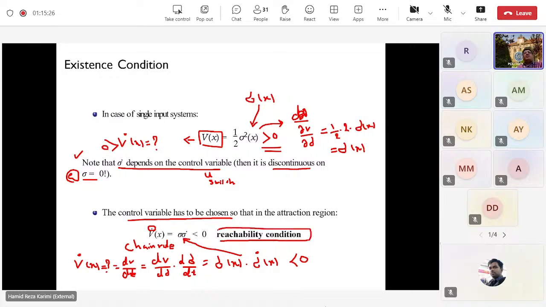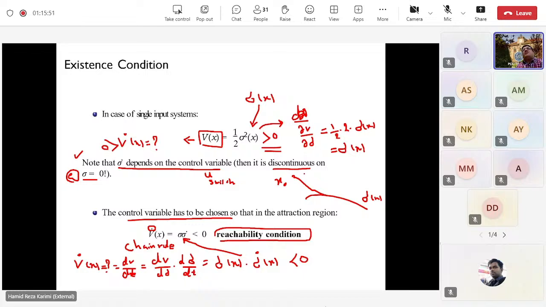So for the reachability condition, V dot(x) basically should be negative. And what does it mean? It means that your state trajectories from x at the time zero can reach the sliding surface.